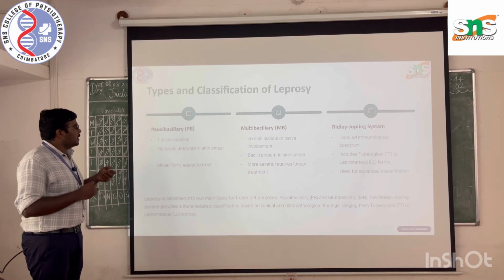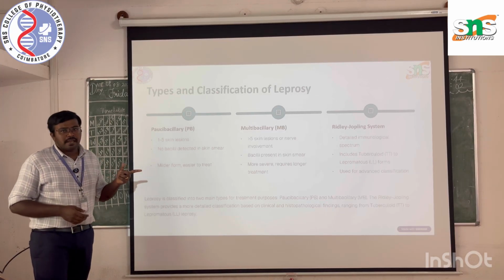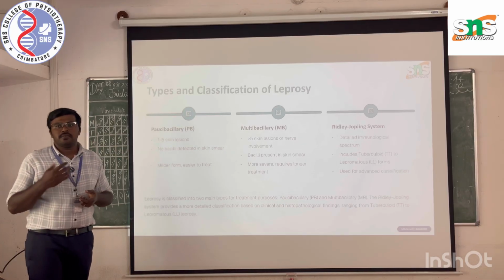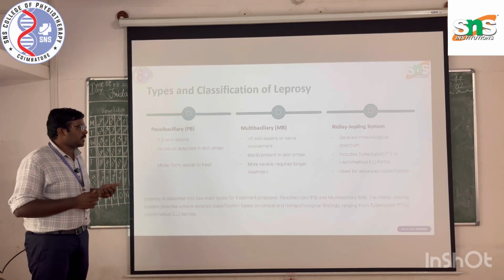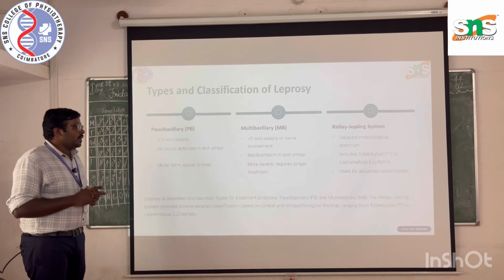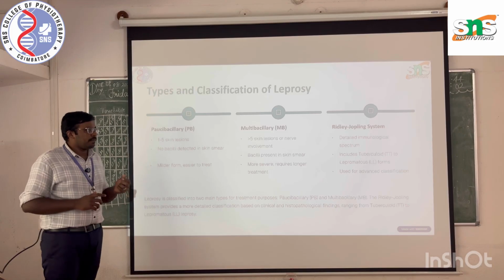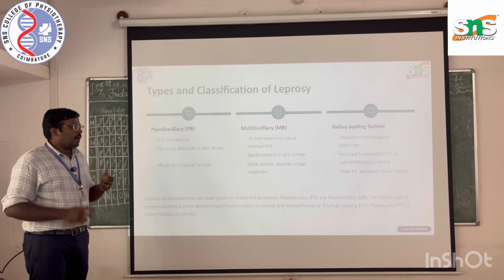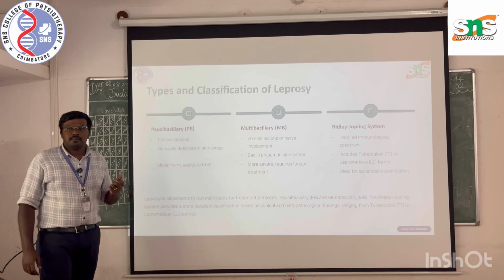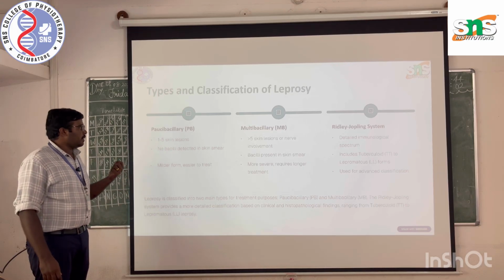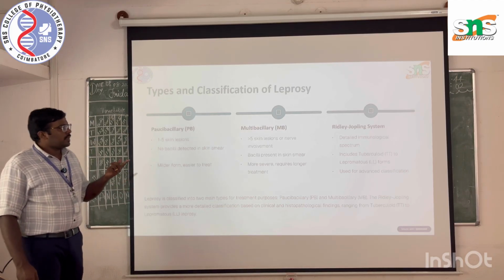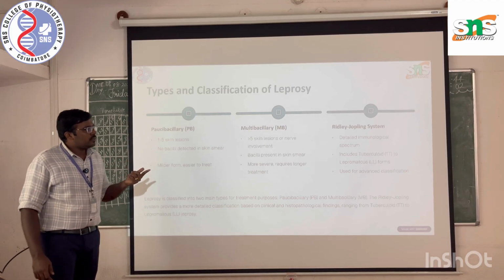Second is multibacillary leprosy. Here more than 5 skin lesions are involved, and nerves are also involved. Bacilli are present in the skin smear, it is more severe, and the treatment is longer than for PB leprosy.